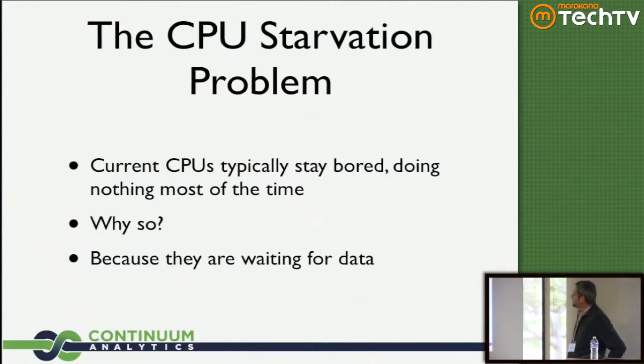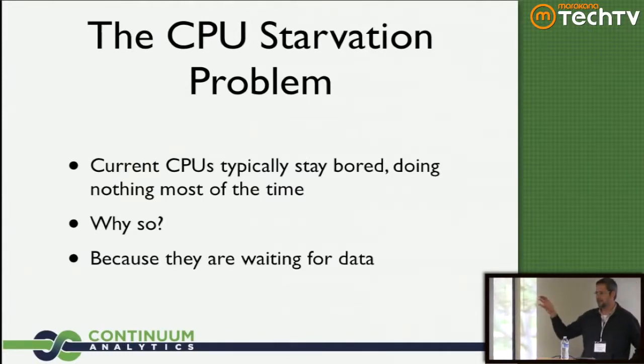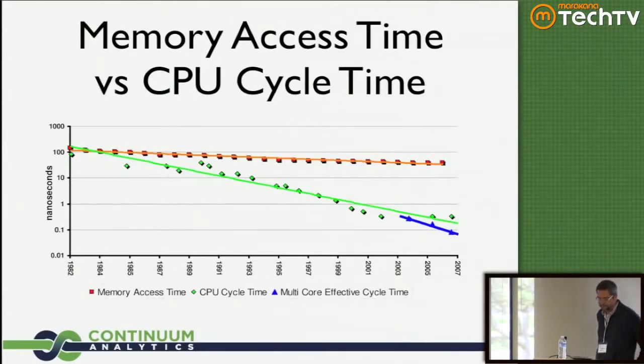So the thing is that currently CPUs typically stay bored, okay, doing nothing most of the time, because they are waiting for data. You may have the fastest CPU in the world, but if your memory subsystem is not fast enough to feed it, it will stay doing nothing.